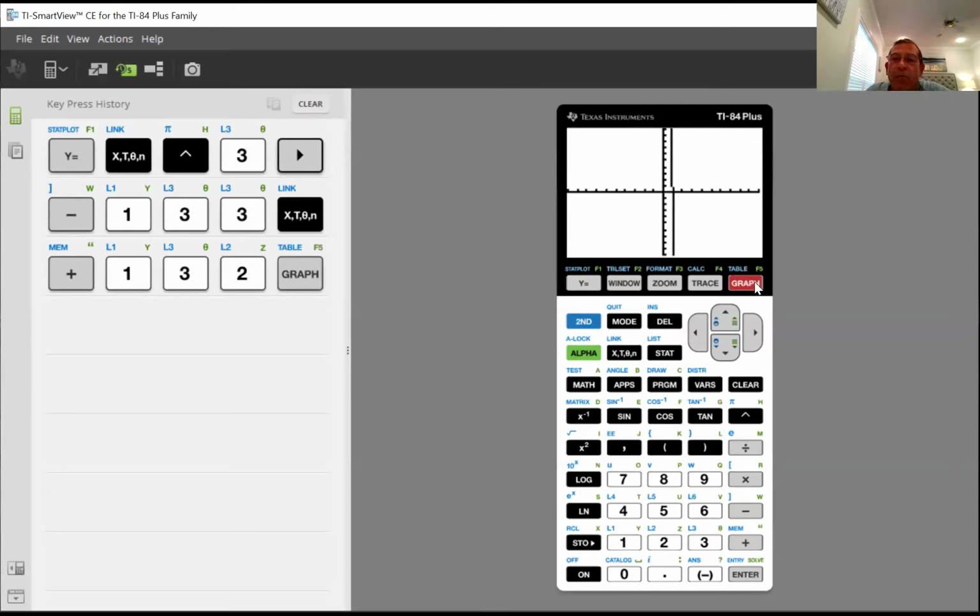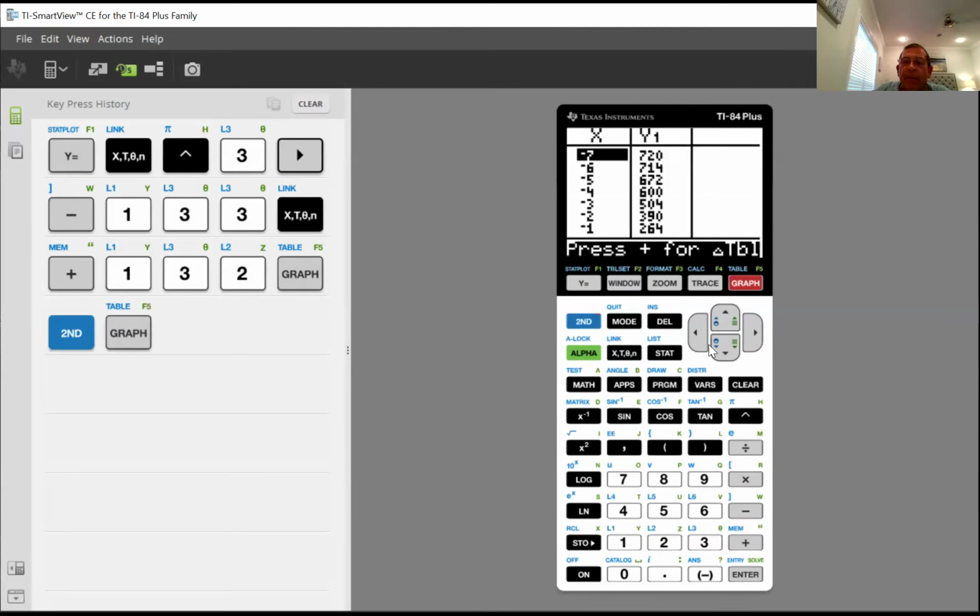And y'all look, it's crossing right there. It looks like at 1, but if I want to be sure, I can go to my table. So if I go second graph to my table, and let me find where the x was 1 at. So look at that. When x is 1, y is 0. So that's giving me my first zero to try, which is 1.